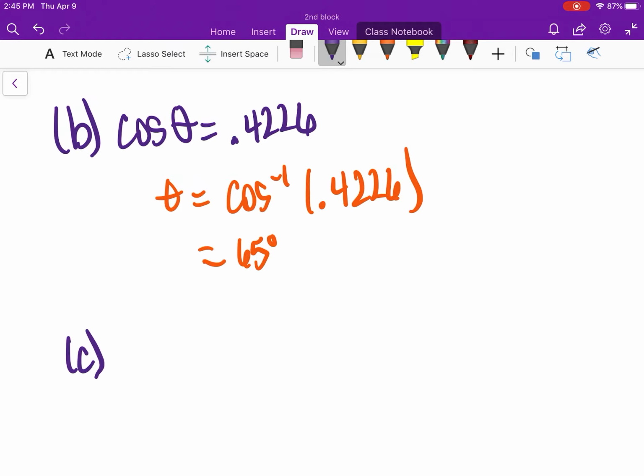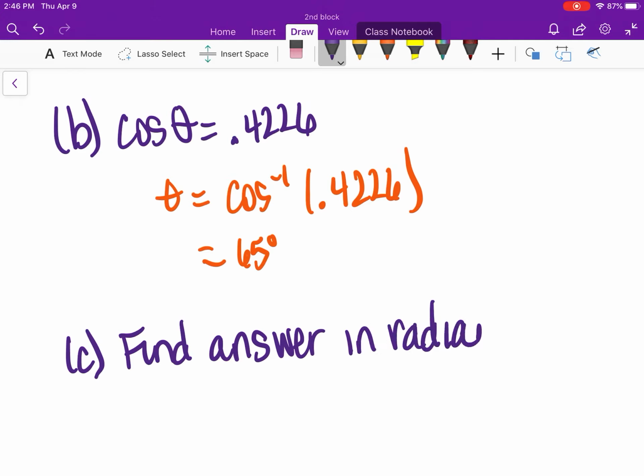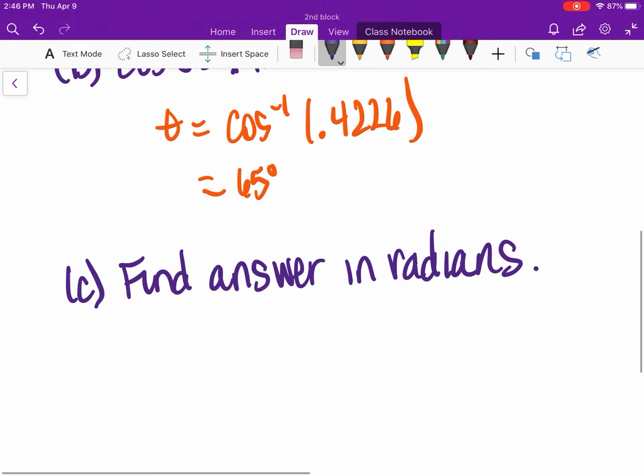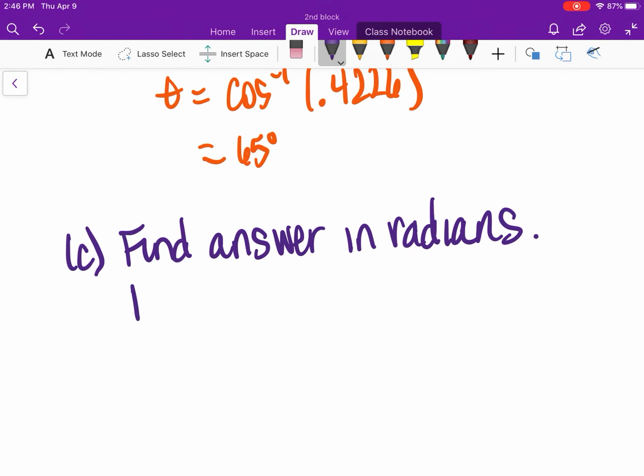Now on C, we're going to change things a little bit. Instead of finding our answer in degree form, we want to find the answer in radian form. And we have tangent of theta is equal to 2.825.